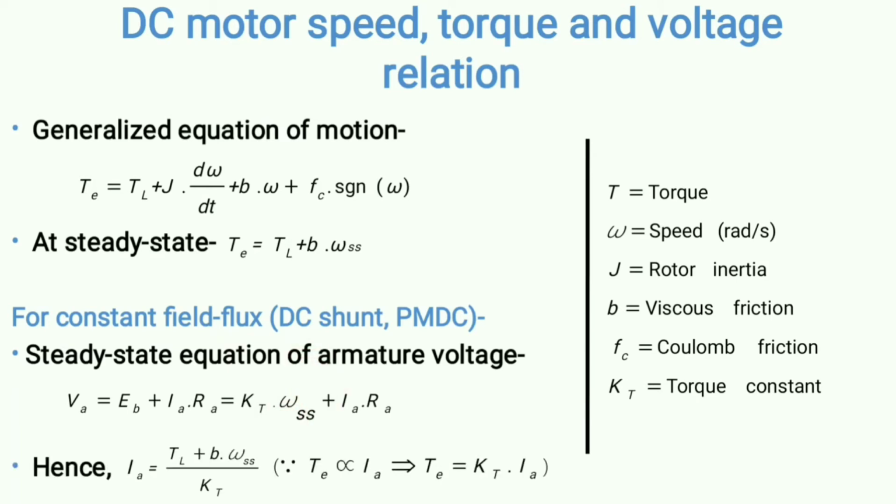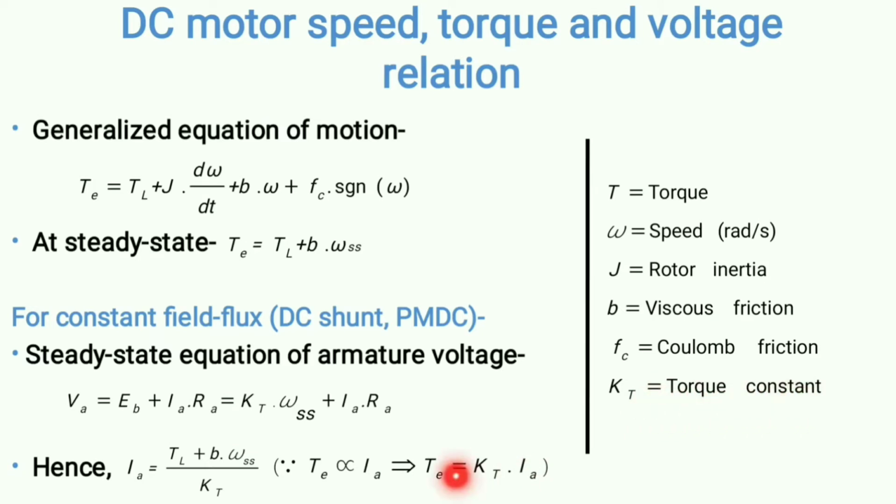Alright, now look at this expression. For a constant field flux motor like a DC shunt motor, for example, the electromagnetic torque is directly proportional to the armature current. So from there we can write torque is equal to KT into IA, where KT is the torque constant.